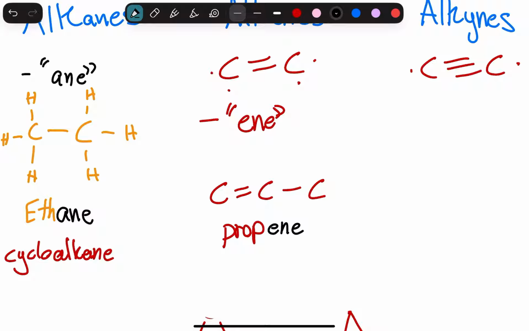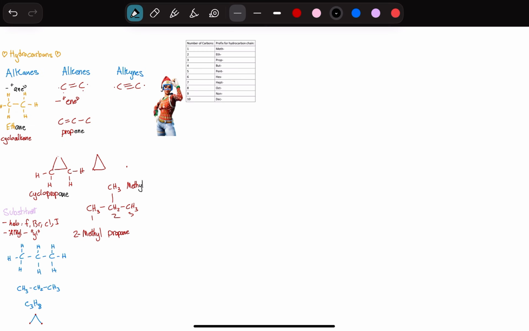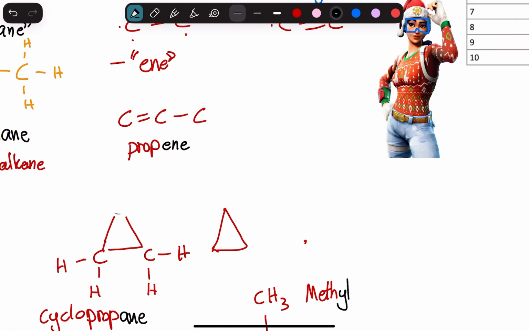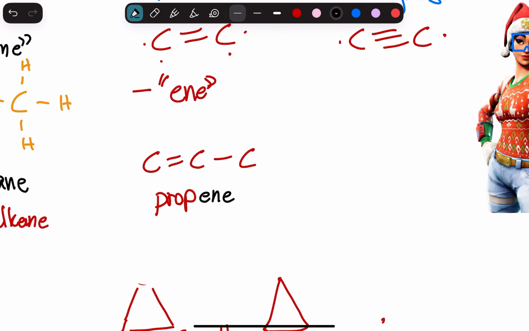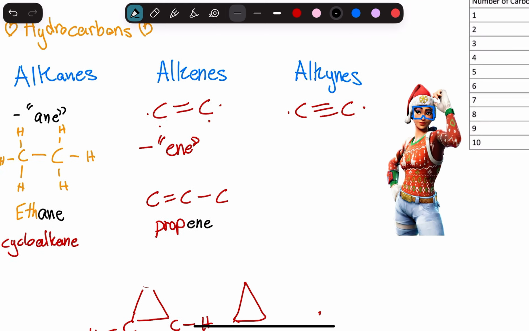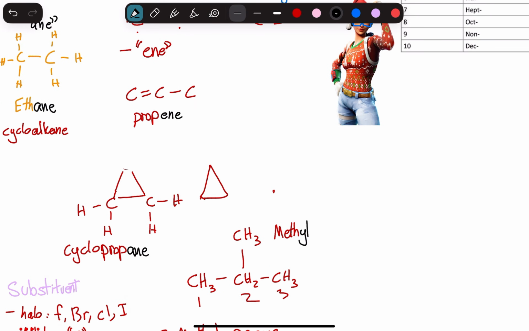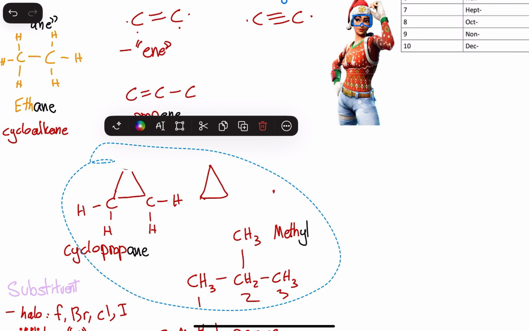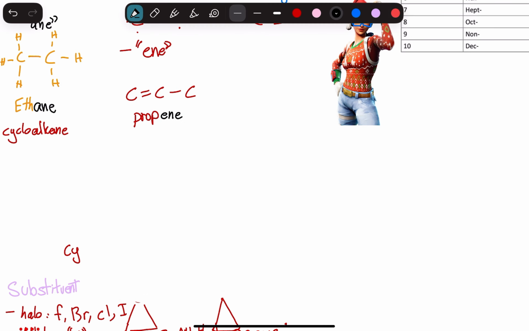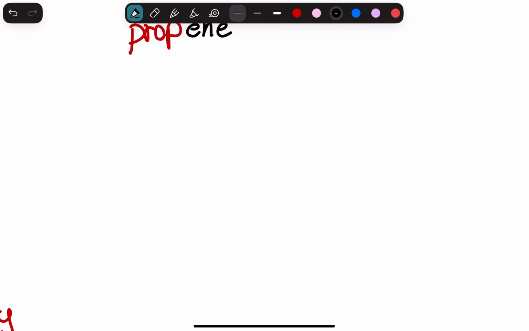The only other thing that we need to know about alkenes is that there are different types, depending on where a bond can be. So let's move this, just move it a little bit lower. Let's say we have something like this.